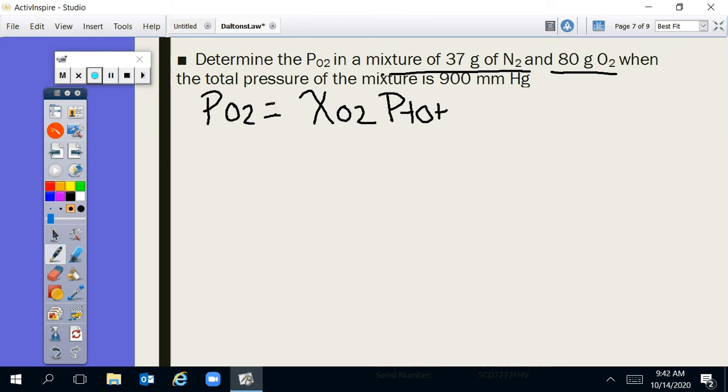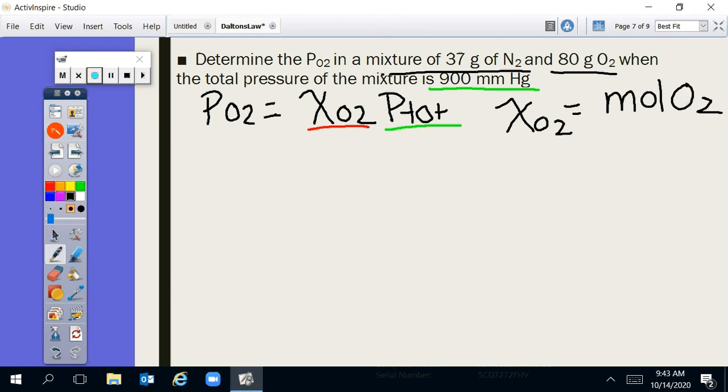We have the total pressure given to us. So now we just need to get the mole fraction of oxygen, which means we need moles. Remember, the mole fraction of oxygen is going to equal the moles of oxygen over the total moles.